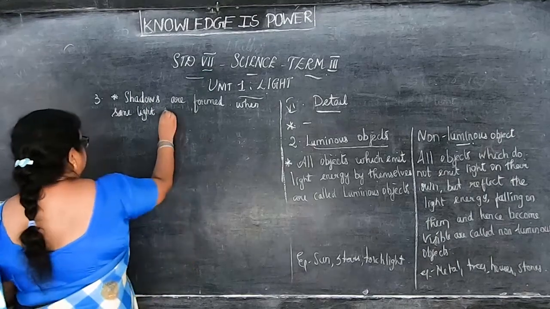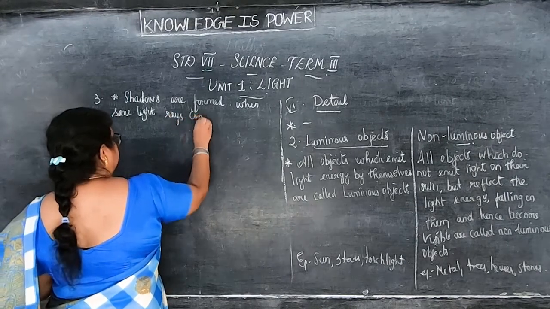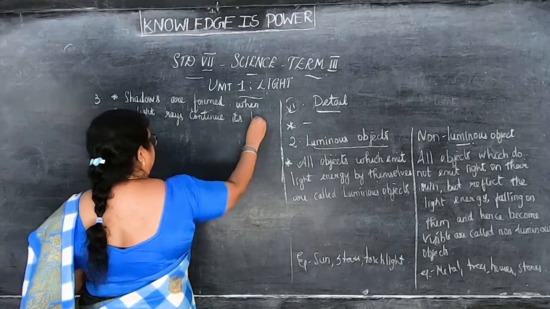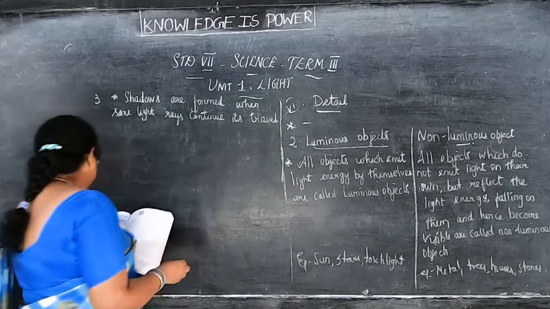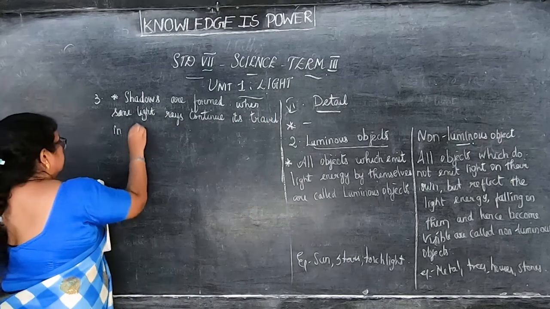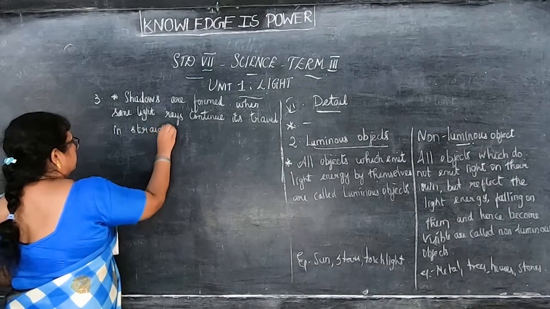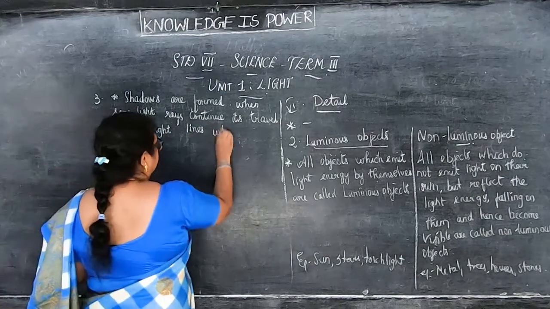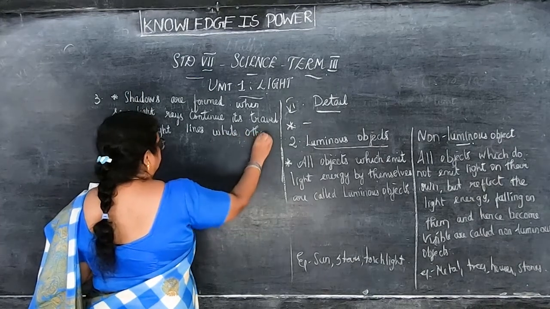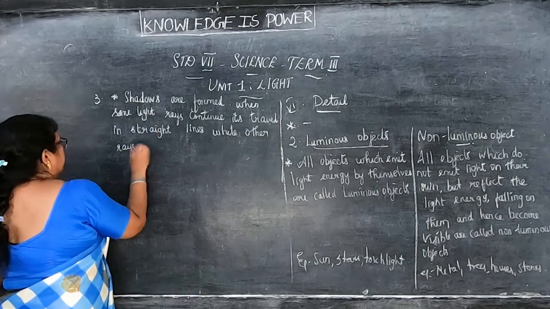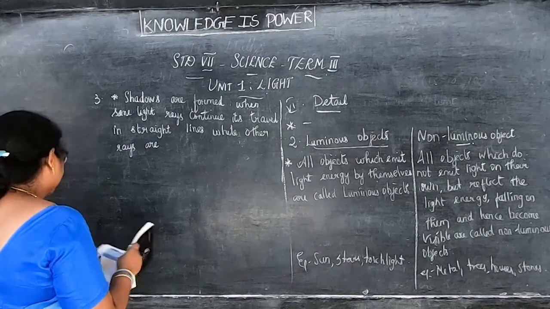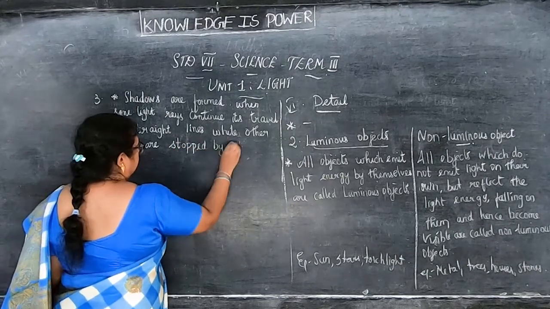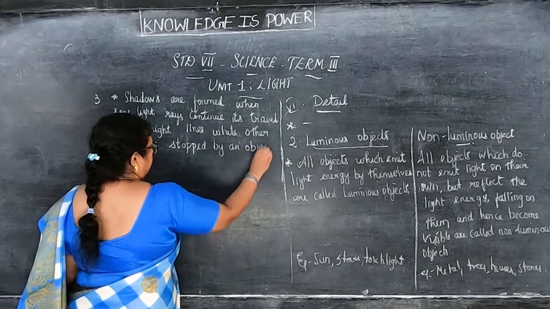Light rays continue their travel in straight lines while other rays are stopped by an object.